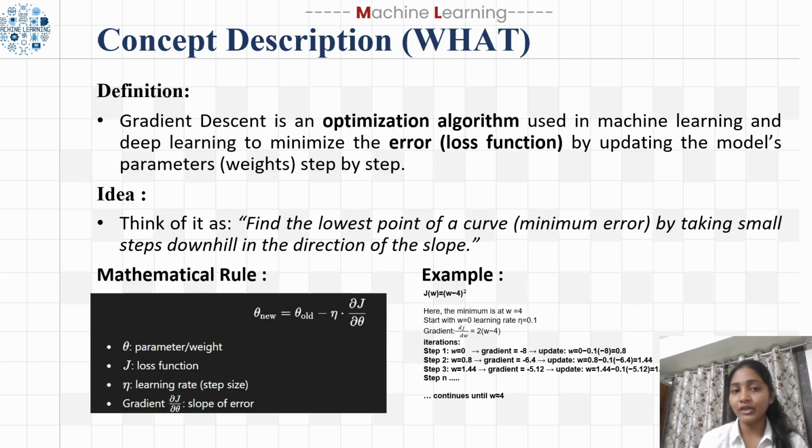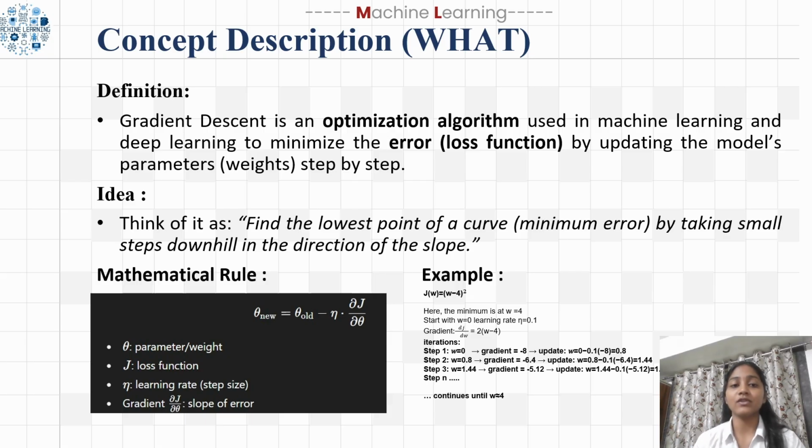Let's dive deeper into it. Let's look at the definition. Gradient descent is an optimization algorithm used in machine learning and deep learning to minimize the error by updating the model's parameters step by step. The step by step part is very important because we go after one point, after another, in a sequence.